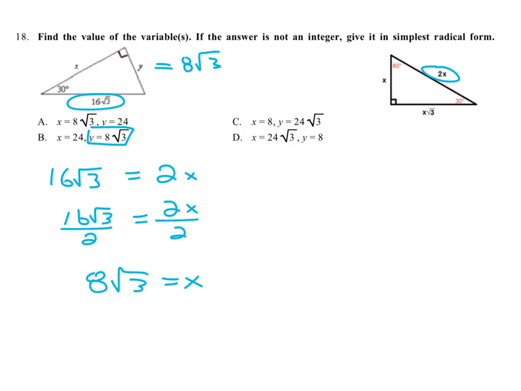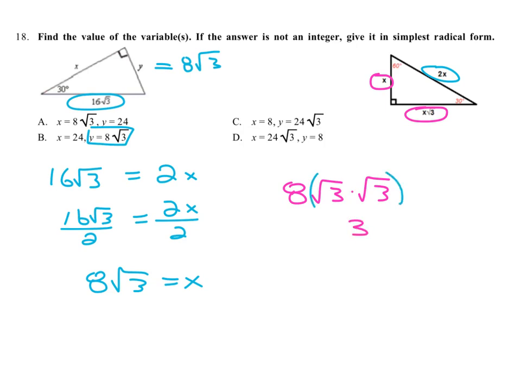Now, we can then take that short leg. Let's do this in this pink color. We can take the length of the short leg here, and on the diagram, the short leg is x. The long leg is x times root 3. So if we take the short leg that we found, 8 root 3, and we always multiply that by the square root of 3, then what we have here is 8 root 3 times root 3, and these two numbers multiply together to be what?